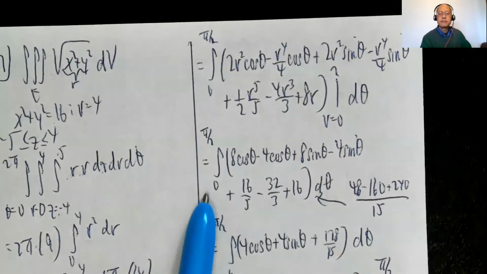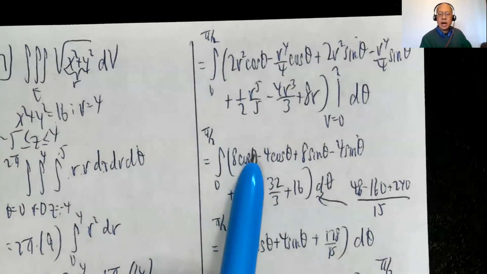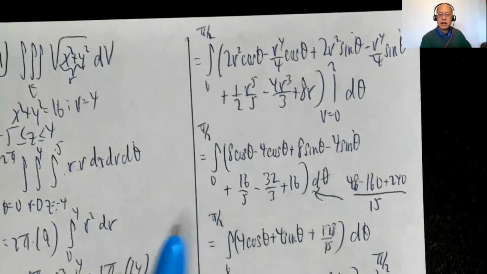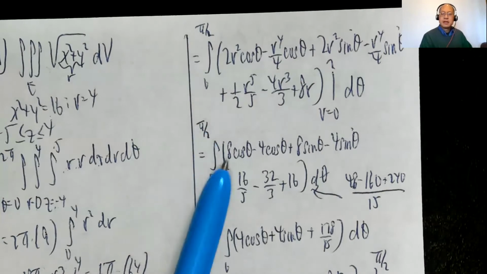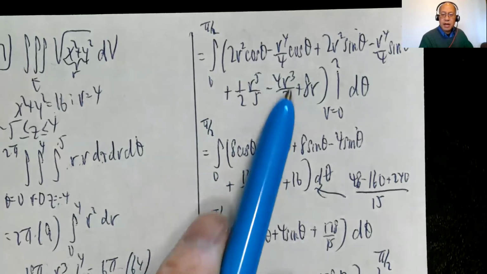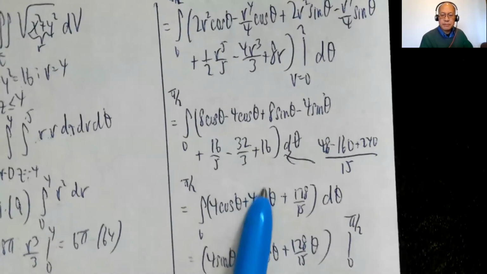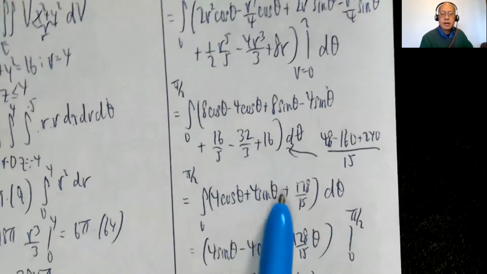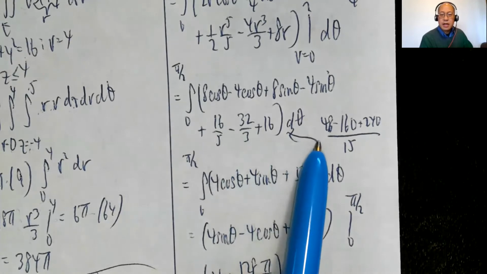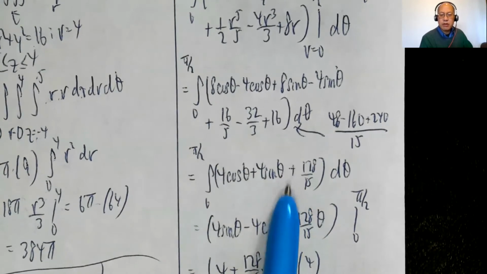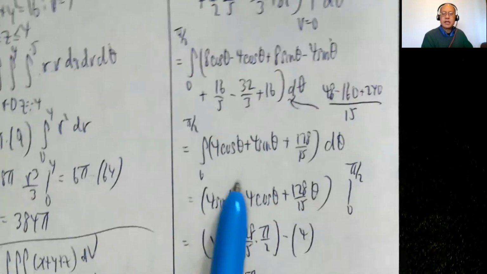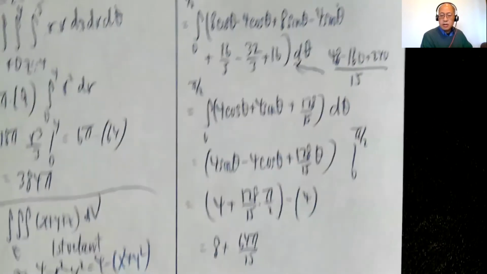Plug in 2. 8 cosine theta minus 4 cosine theta plus 8 sine theta minus 4 sine theta plus, let's see, 32 over 10, which is 16 over 5, minus 32 over 3 plus 16. Okay, then a little bit of combination here. All of this comes out to be 128 over 15. So that comes out to be 4 cosine theta, 4 sine theta, 128 over 15.